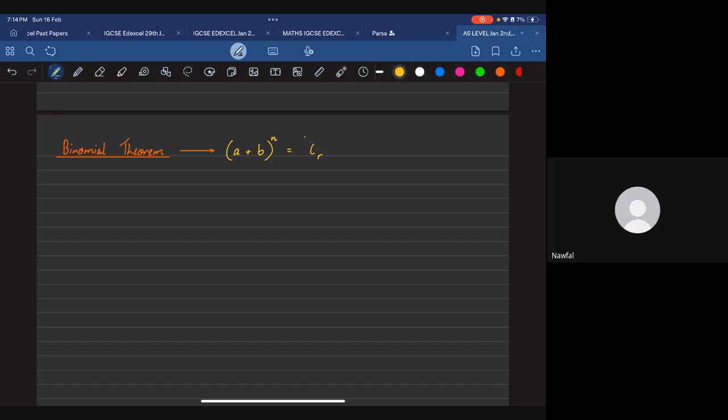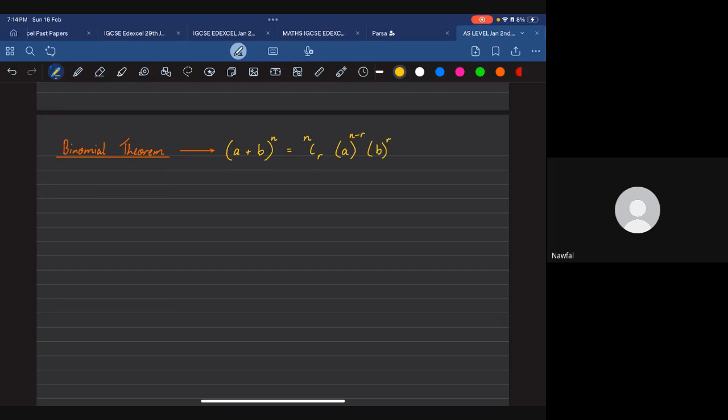And by the way, guys, do not confuse my N with my R. And inside the bracket, it's going to be A to the N minus R. And on the outside, it is going to be B raised to the power R. Clear? That is your binomial theorem.